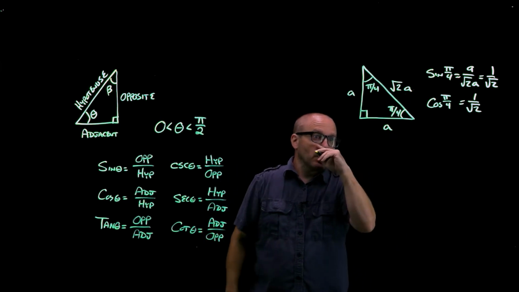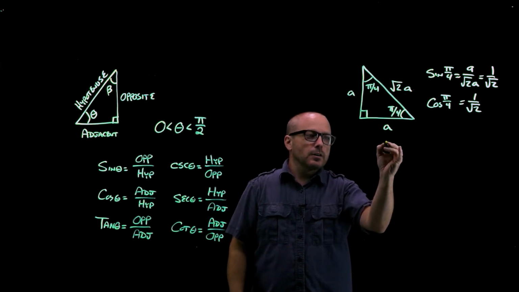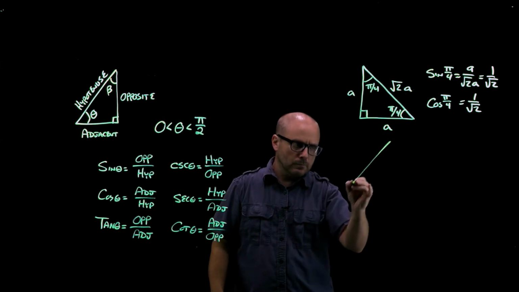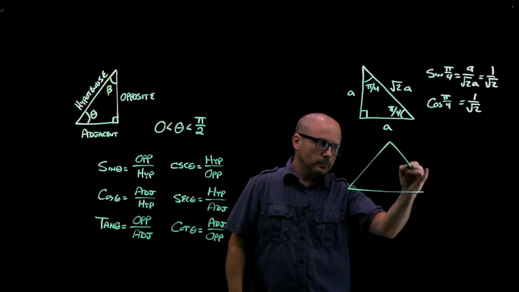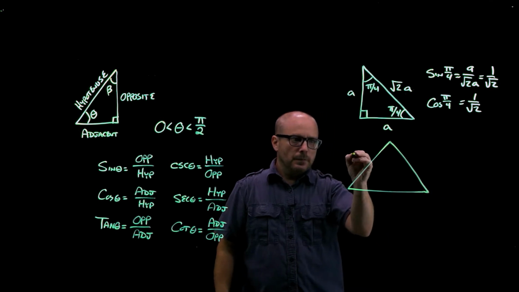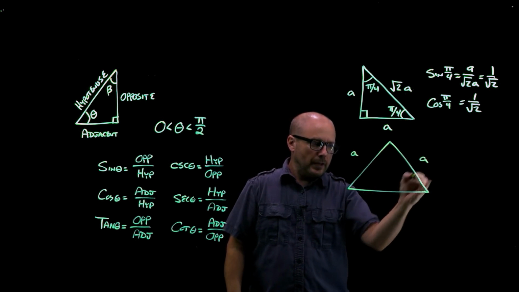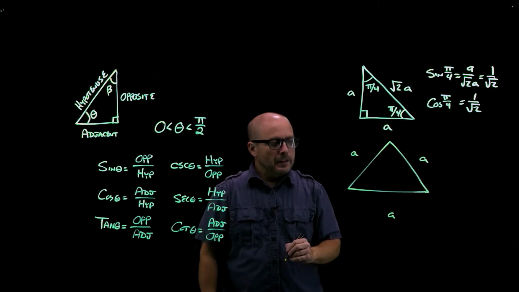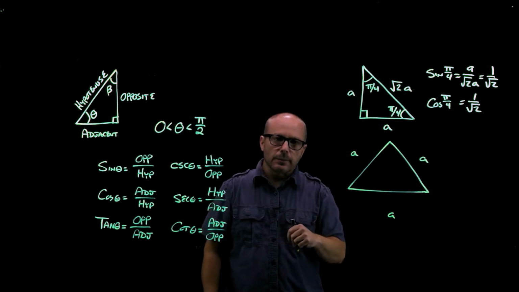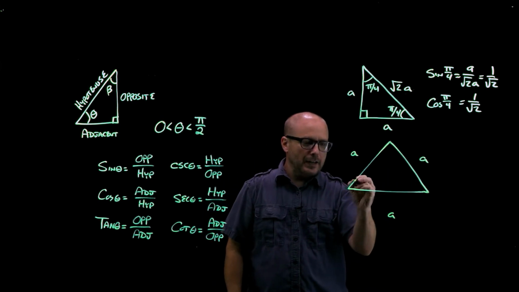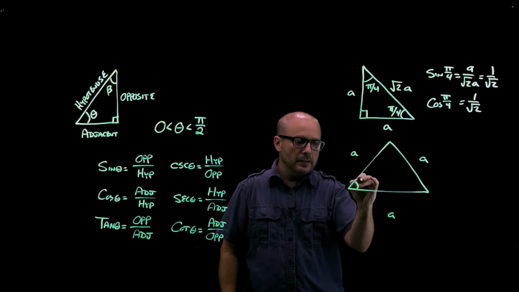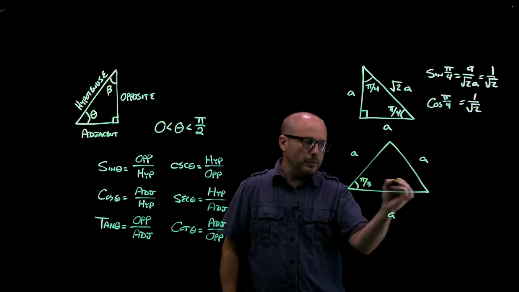The other triangle that works out quite nicely is if you were to start with an equilateral. So if it's equilateral, all these sides are a. That also means all these angles are the same, but they have to add up to pi, or 180. So that means each one of these angles is pi over 3.